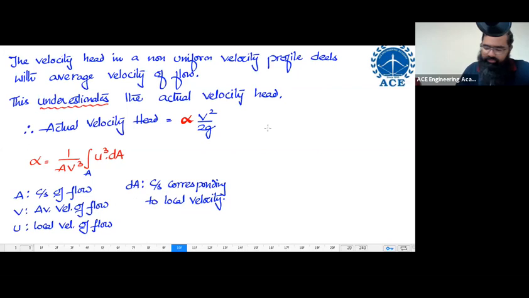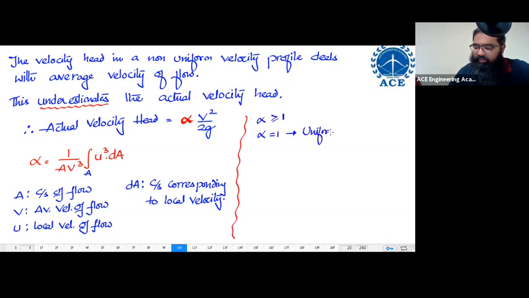Moving further, the value of alpha is always greater than or equal to 1. Equality holds good only in a uniform velocity profile. Alpha is equal to 1 only in the case of a uniform velocity profile.